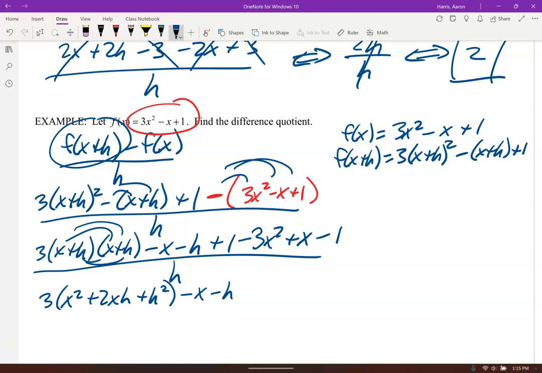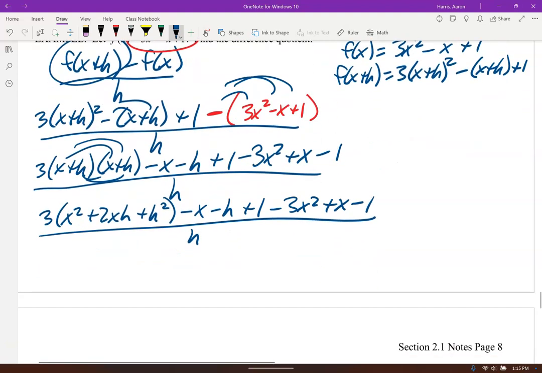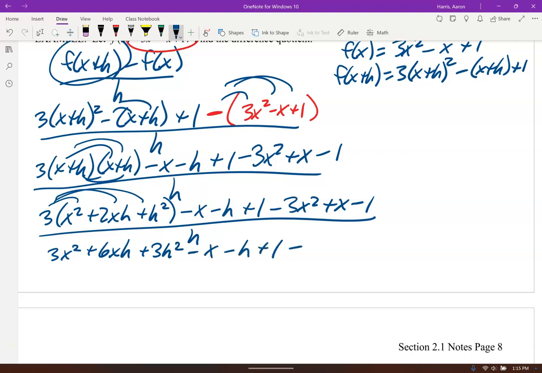Minus x minus h plus 1 minus 3x squared plus x minus 1 all over h. Well, let me distribute this, so 3x squared plus 6xh plus 3h squared minus x minus h plus 1 minus 3x squared plus x minus 1 all over h.